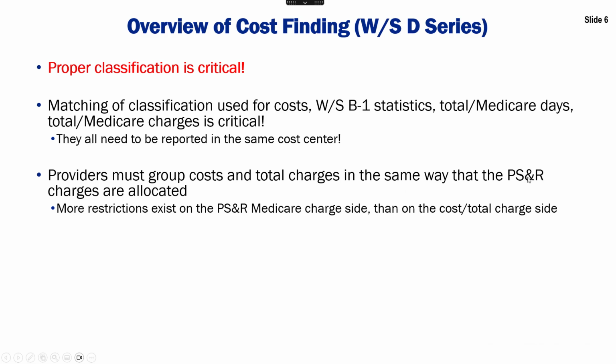So that tells us whether it's routine or ancillary, and then any of the costs or statistics or total items that are related to those same types of things from the PSNR need to be grouped into the same cost center that the PSNR charge went to. So if the PSNR charge went to a routine cost center, any costs or statistics or anything else like that related to that type of service need to go to that same cost center.